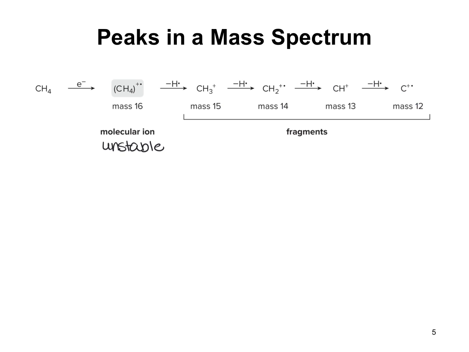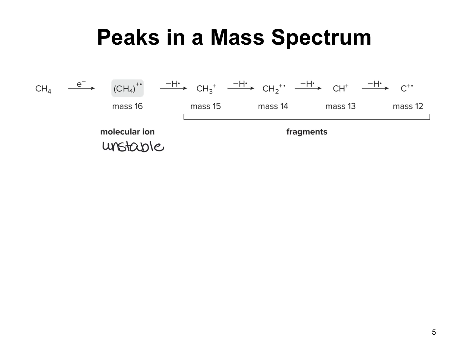And so from this, that's where you get those mass peaks of 15, 14, 13, and 12. And so that's why we see the other fragments in the mass spectrometer, because this just removes a hydrogen atom each time.